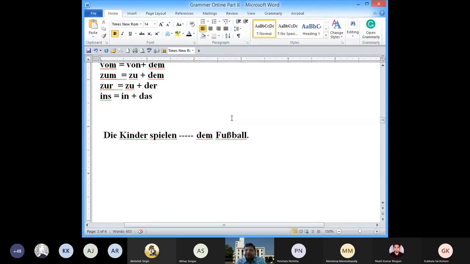Yes, sir. Mit. Why? Sir, it's the dative form and dem Fußball is there, so we have to use something from the second list. Yeah, good. So it should be mit.